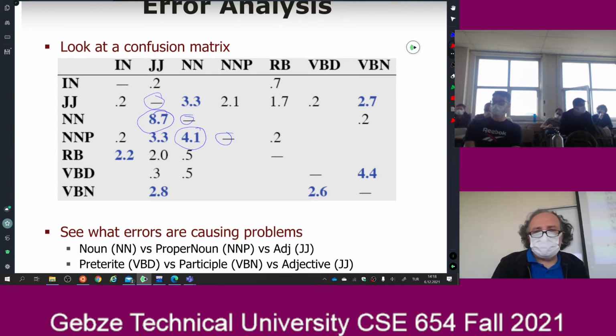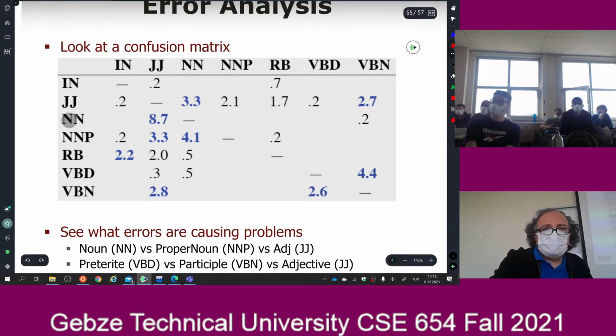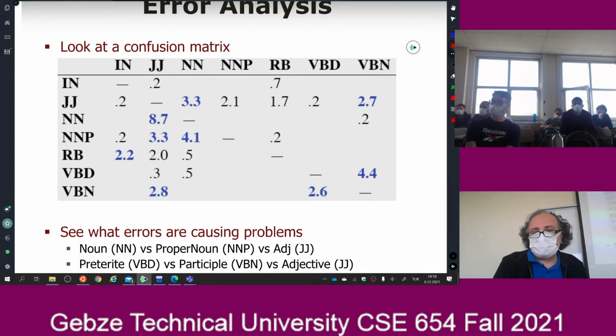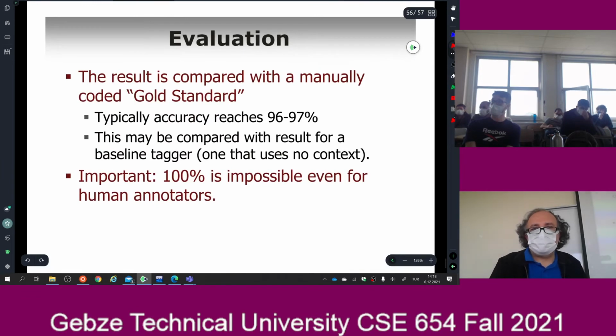And the highest ones, if you look at this one, are, okay, instead of noun I assigned adjective, and instead of adjective I assigned noun. Those are high. So if you look at this confusion matrix, it will give you some idea about your tagger.